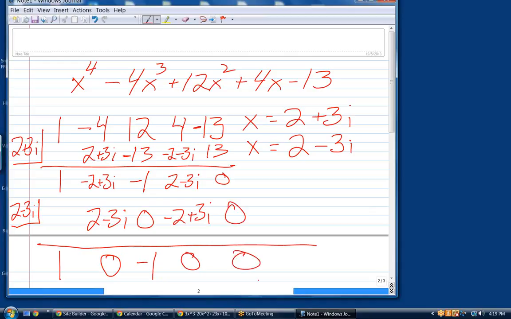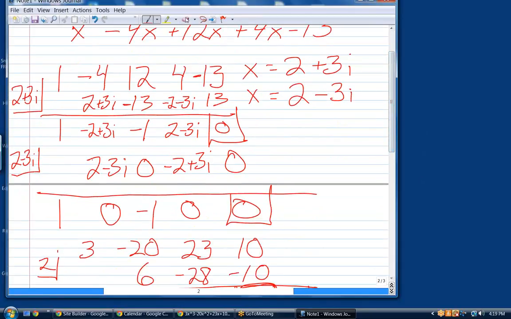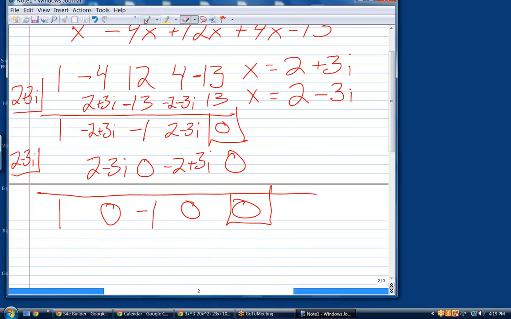Okay. So we got 0 in both cases, so that proves that both of them were zeros, and we are left with a quadratic. What is this quadratic? It is x squared minus 1.